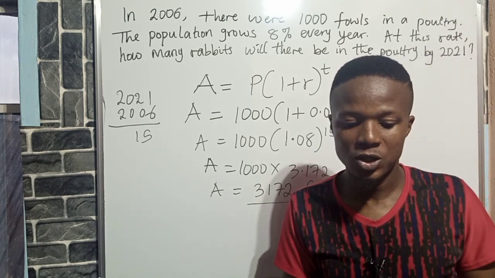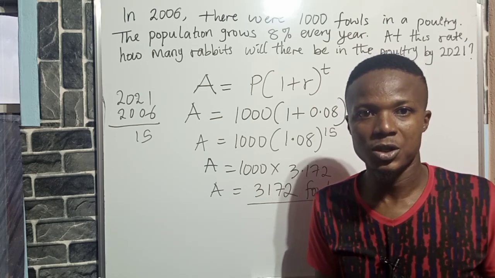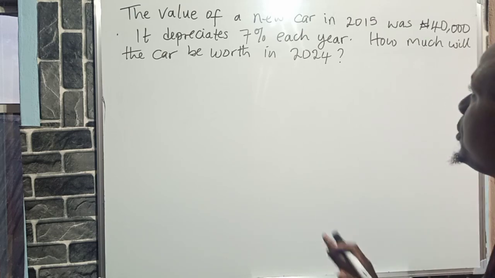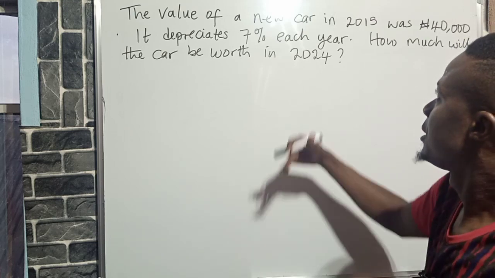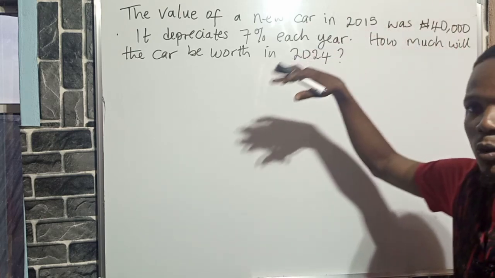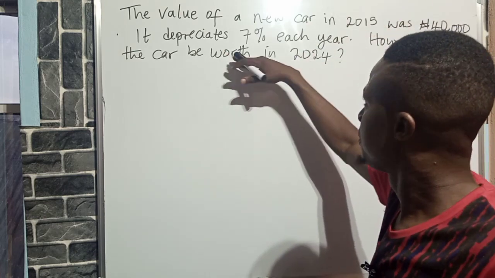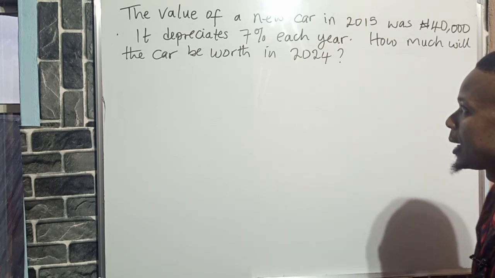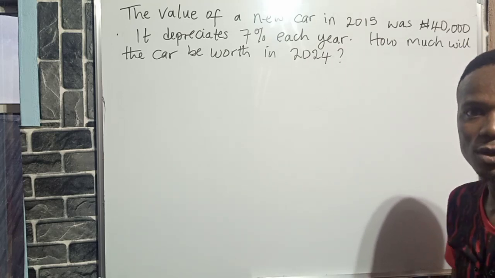So let's take a second problem where we shall discuss depreciation. This one concerns depreciation or decay. The value of a new car in 2015 was 40,000 naira. We are told that the value of the car depreciates by 7% each year. So how much will the car be worth in 2024?